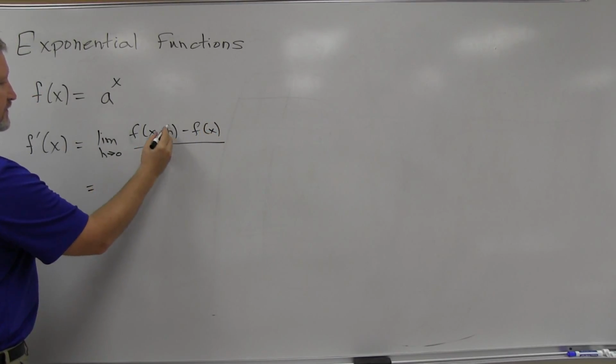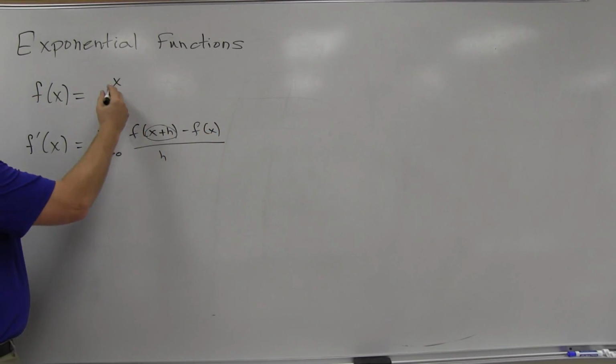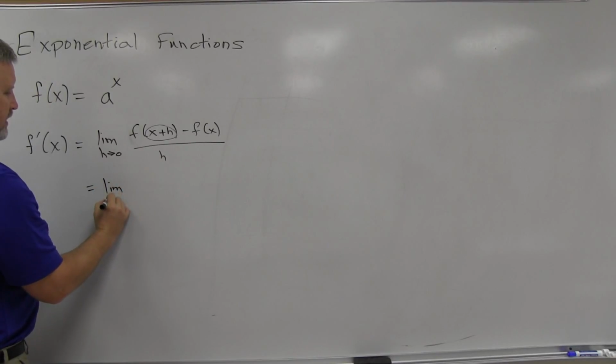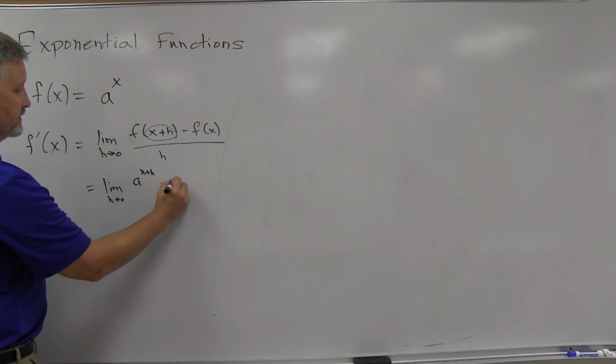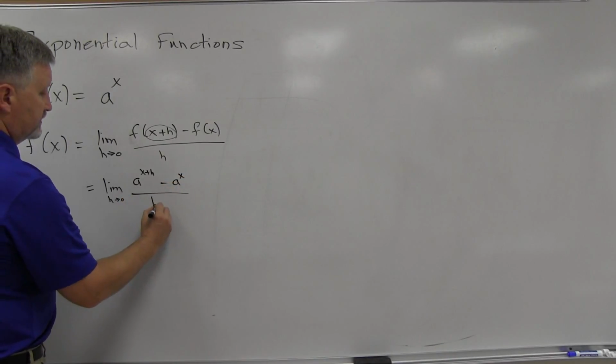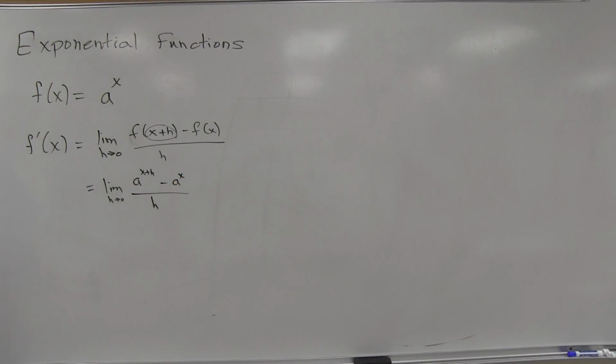If you plug in x plus h for x, you have the limit as h approaches 0 of a to the x plus h minus a to the x over h. We did not do limits of that sort either. It's complicated, I guess, but not too bad.